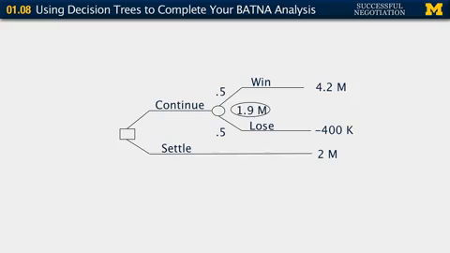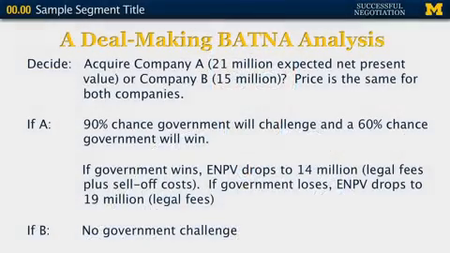And you can see here that that's less than accepting the settlement offer. Therefore, logically, you should accept the settlement offer, absent other factors. So this gives you a nice tool for analyzing your BATNA in a dispute resolution type negotiation such as this.